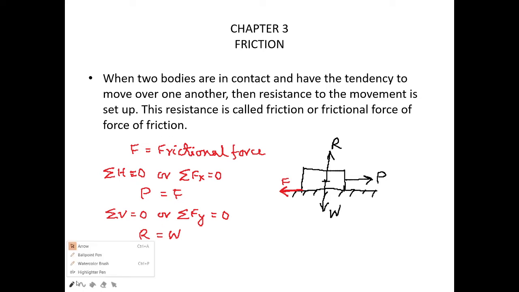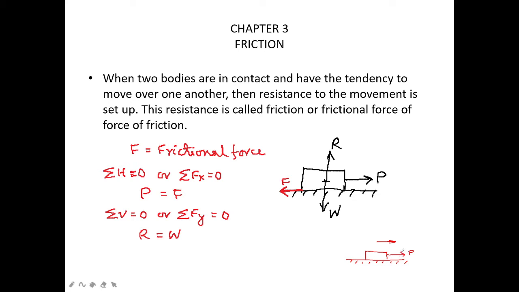Suppose there is a body which is kept on this floor, and I am applying a force P. Then the body either will move in this direction or has the tendency to move in this direction.